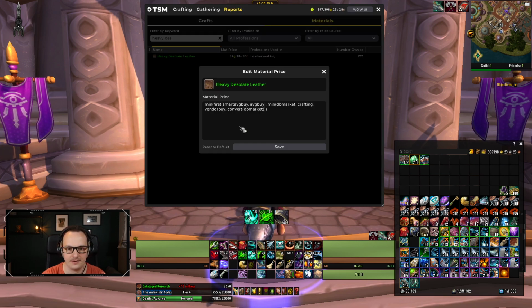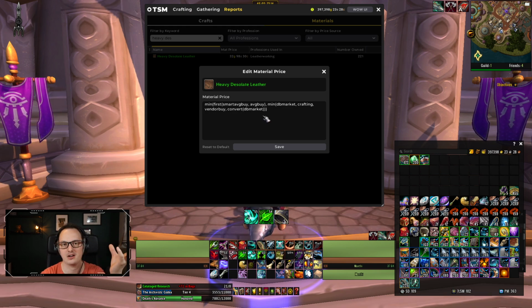We can click on it, and we can see here that TradeSkillMaster is doing another, often pretty large calculation to try and work out what the actual value should be of heavy desolate leather. Now, don't worry if you don't understand this for now. This will all start to make more sense soon, trust me. But what TradeSkillMaster is doing is it's taking into consideration a bunch of factors.